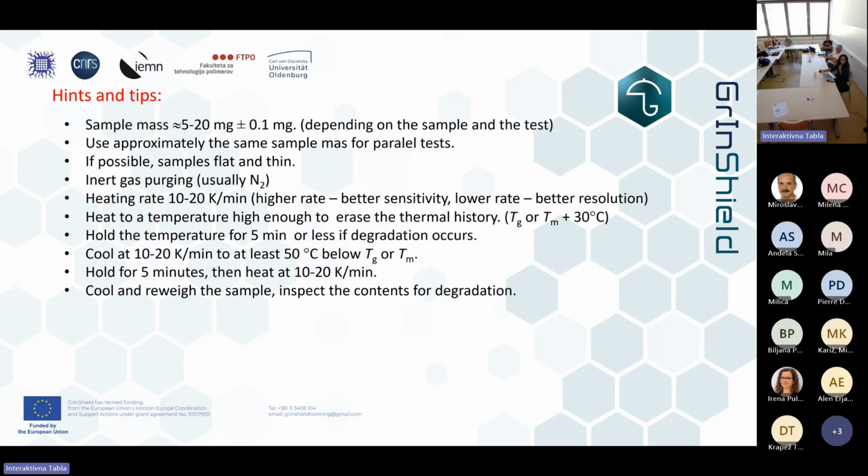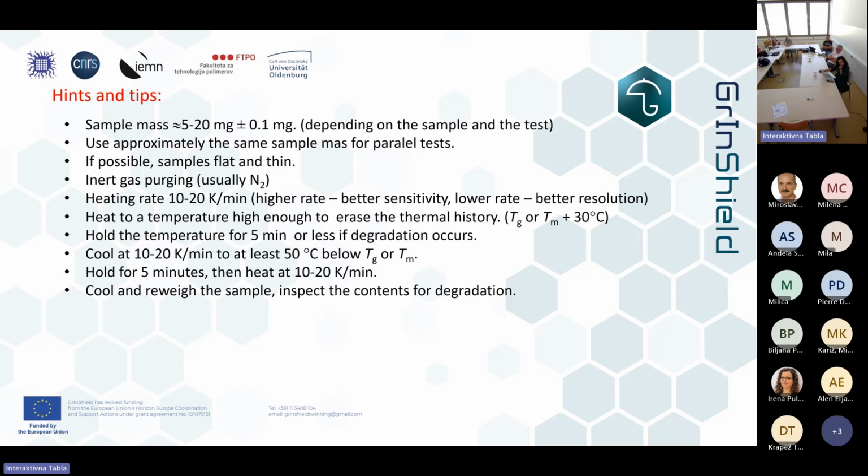Sometimes we measure a part which is 10 years old, and what was happening we can sometimes see on the DSC. So this is the so-called thermal history.